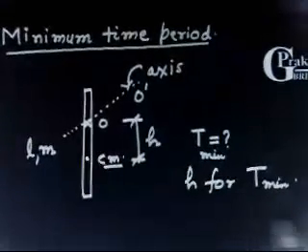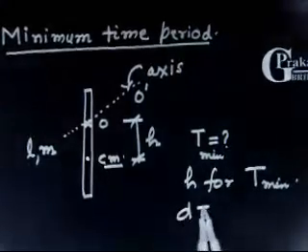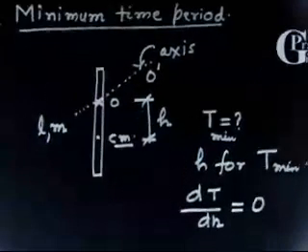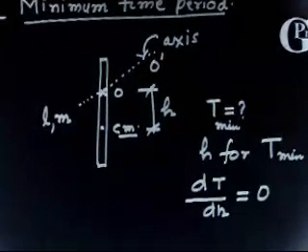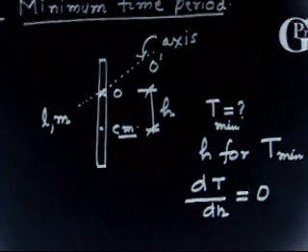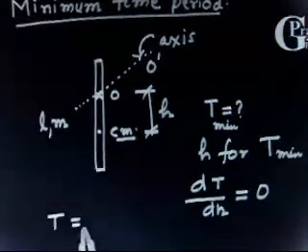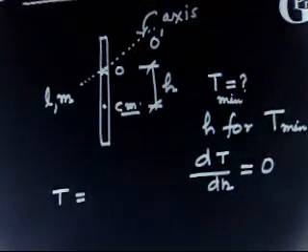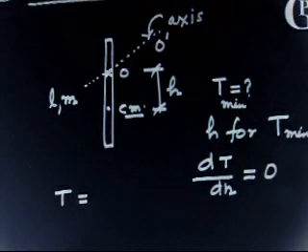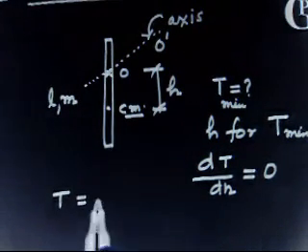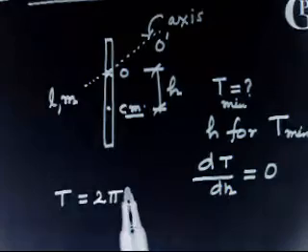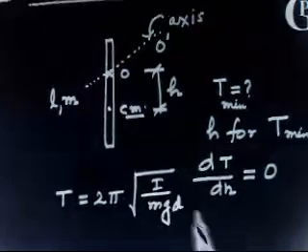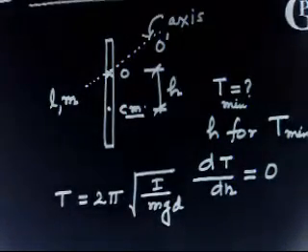So the plan will be something like this. We have to find the time period, then differentiate with respect to h and put it equal to 0. Now if you remember, for any compound pendulum, this is a fairly easy problem, the time period is given by T equals 2 pi under root I by mgd, where d is the distance between the center of mass and the point of suspension.